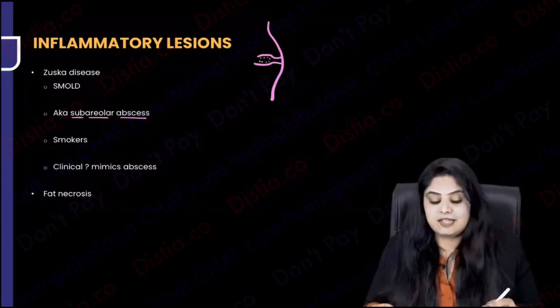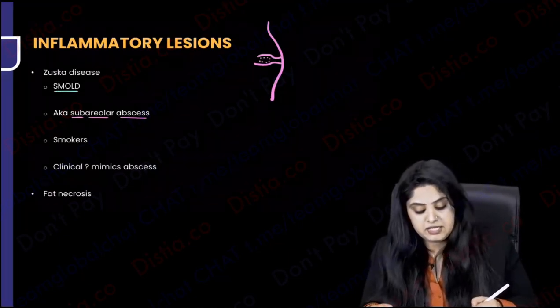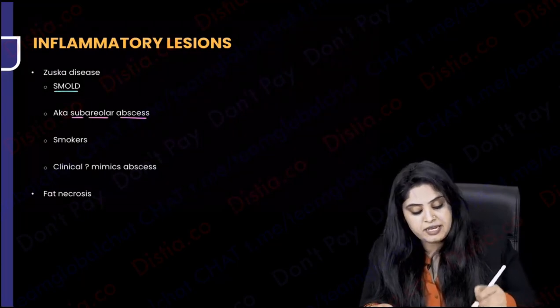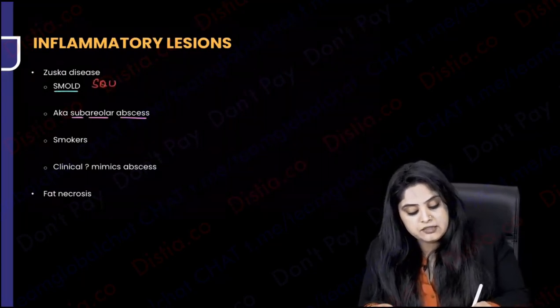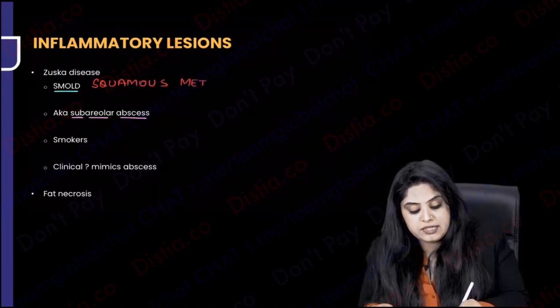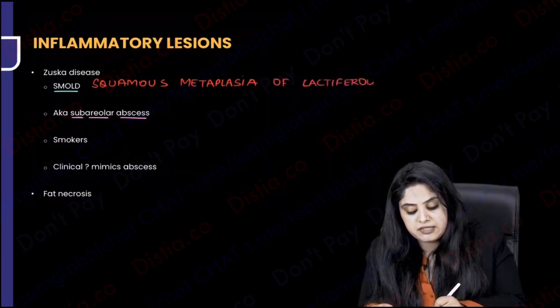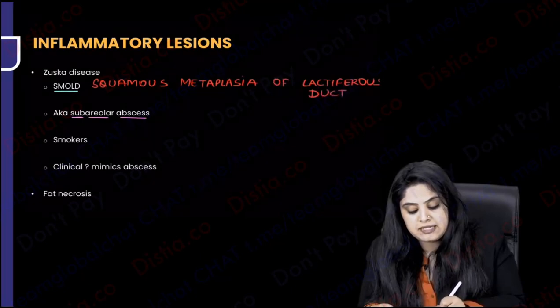So what exactly has happened? Why have I written something called SMOLD? Listen to me very carefully now over here, guys. When I say SMOLD, I mean there is squamous metaplasia. Oh, so is it a metaplasia disorder? Yes, there is squamous metaplasia that is present of the lactiferous ducts. There is squamous metaplasia that is seen of the lactiferous duct.